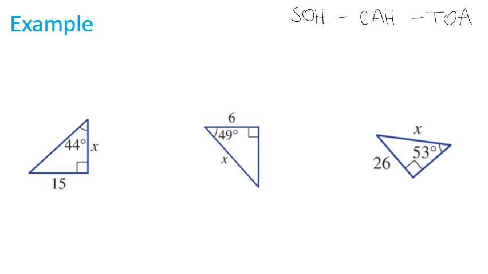Remember from yesterday, I put my finger on the angle, which is the thing with the degrees symbol, and I never touch the opposite side. So that makes this the opposite side, and the other side is adjacent. So O and A matches TOA, which is tan.